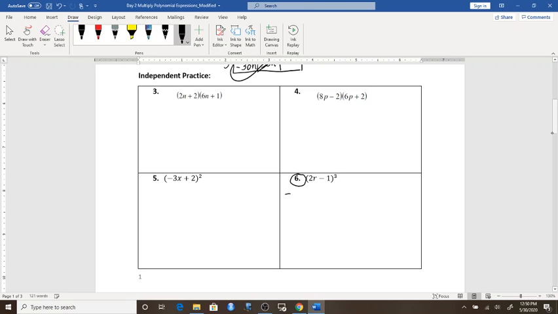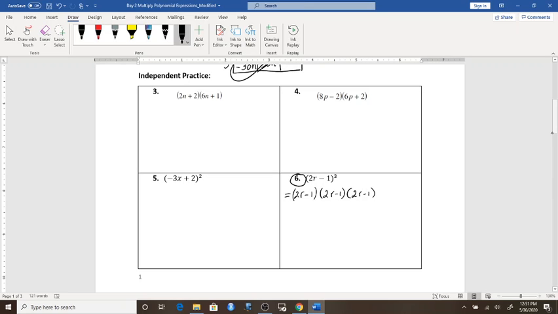So this is equivalent to 2r minus 1 times the same thing, 2r minus 1 twice, so that's going to be the square. And then if you want to find the cube, you still need to multiply by 2r minus 1 for a third time. How would you approach this problem?